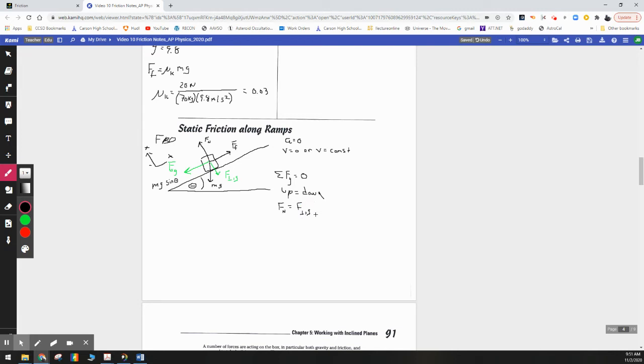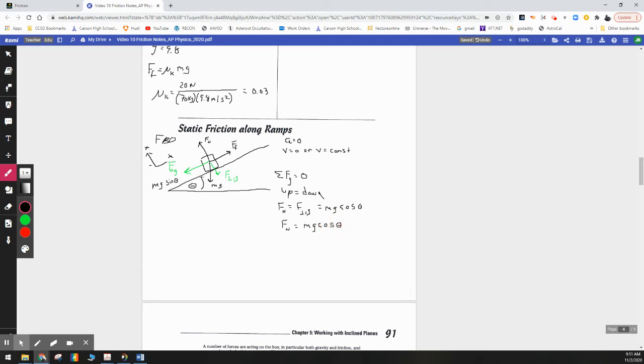The force perpendicular is going to be mg cosine of theta. Cosine of theta. So let's go ahead and write this a little bit better here. So the normal force is going to be mg cosine of theta.